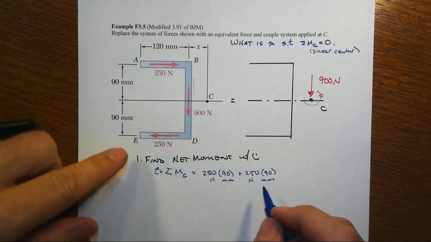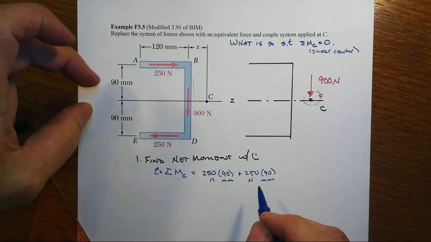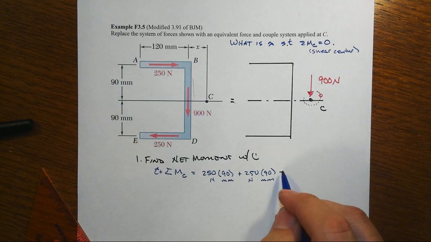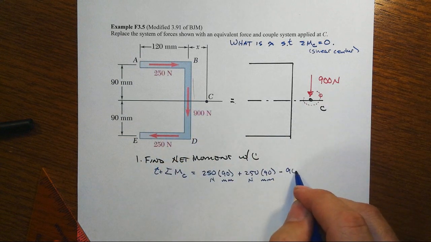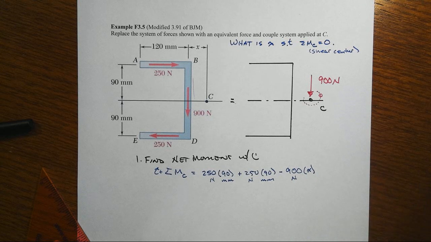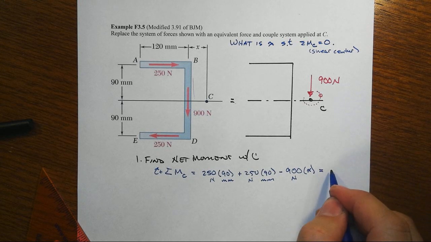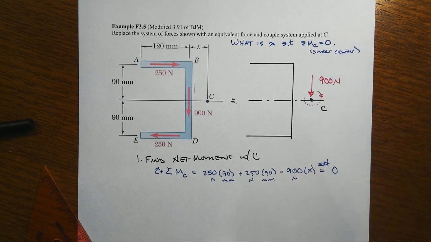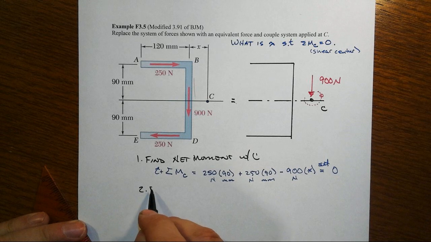Notice we didn't have to do these separately. We could have said 250 times 180 would have been the same effect. And then minus 900 newtons times our unknown distance x. We set that all equal to 0, because that's the condition I've stated for the problem. And now we can just do math.